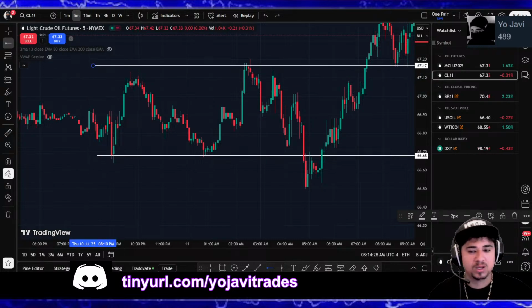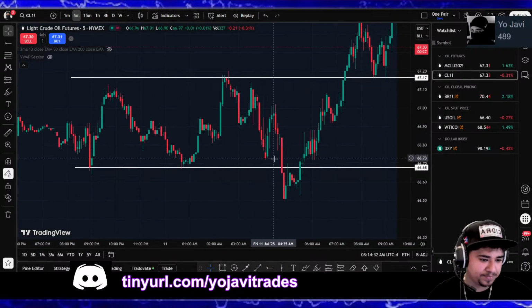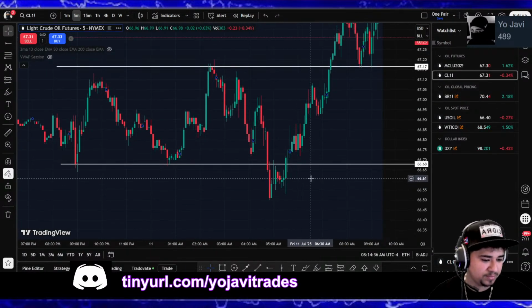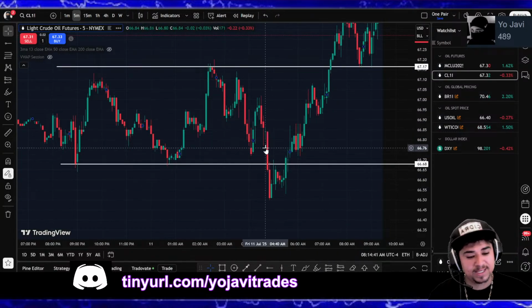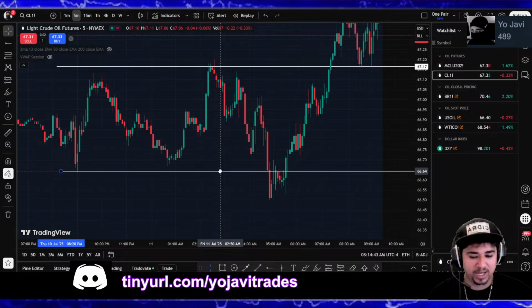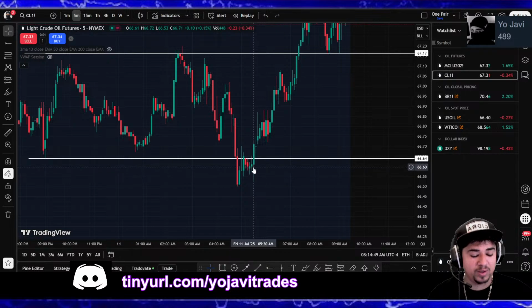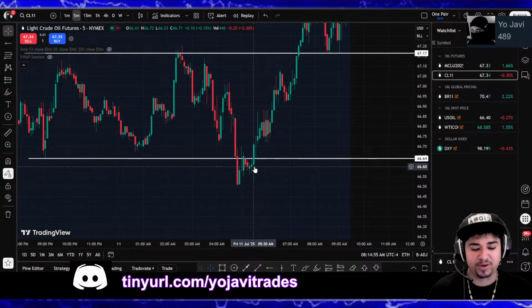But okay, here, another range. Do we have an engulfing bar somewhere around support or resistance? Now this, technically, you could look at it like this. It broke out, came back in. Now this candle is not an opposite candle, and I'll be honest, I don't remember if it has to be a different color candle.